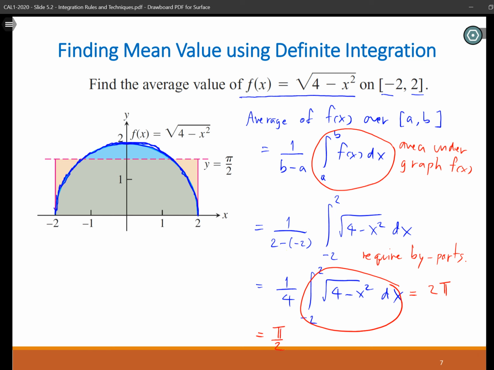Alright, in this case I want to put the result from by parts just in case you want to look further into this problem.